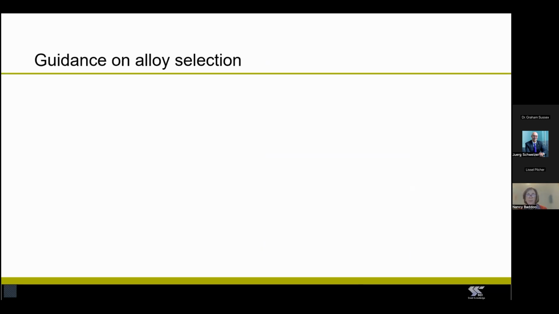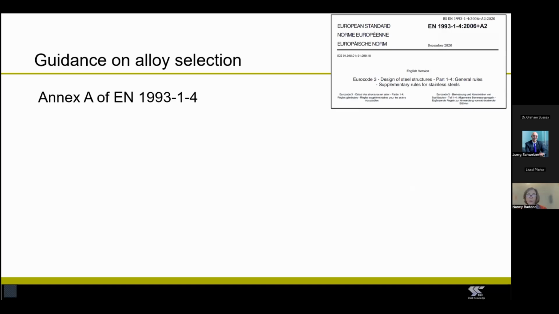etc., etc. And the good news is there's lots of advice on alloy selection for structural applications. One source of advice is in the Eurocode 3 part 1.4. There's an annex giving you a step-by-step procedure.